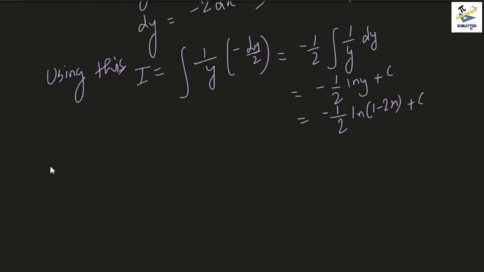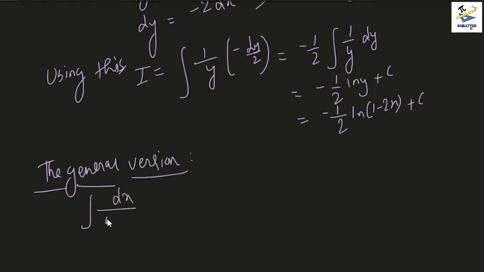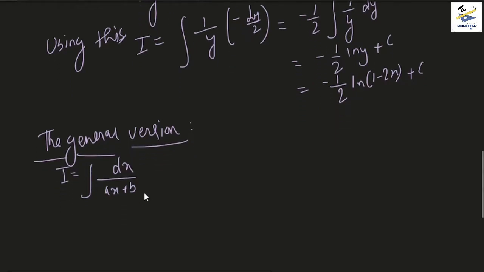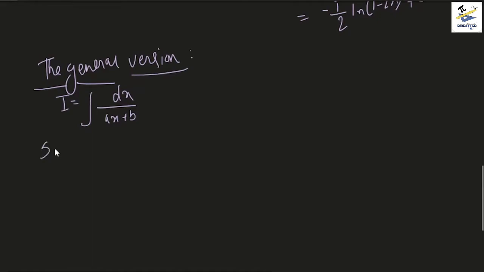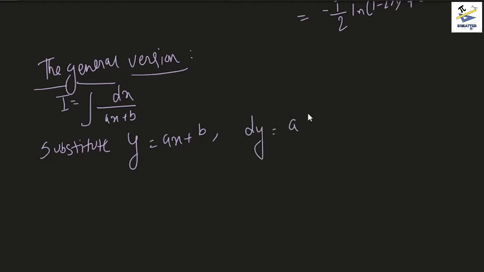The general version for this type of integral is dx by ax plus b, and you can evaluate it. So let us name it as I. Substitute y equals ax plus b. Now when we substitute y equals ax plus b, we have dy equals a into dx.